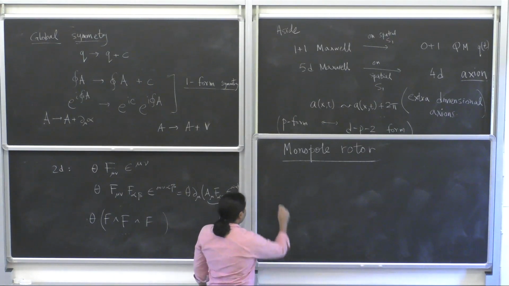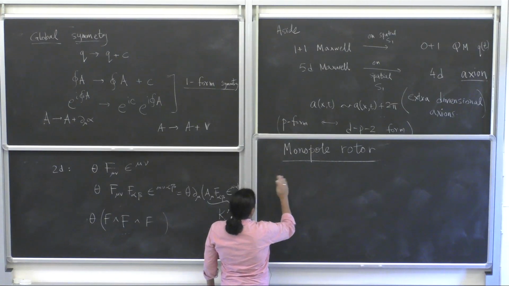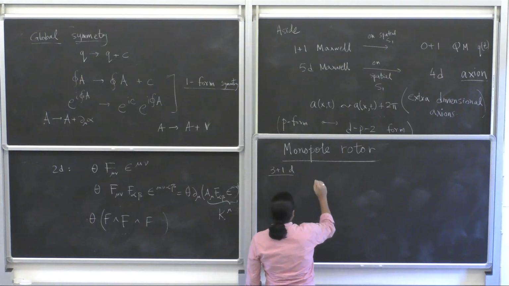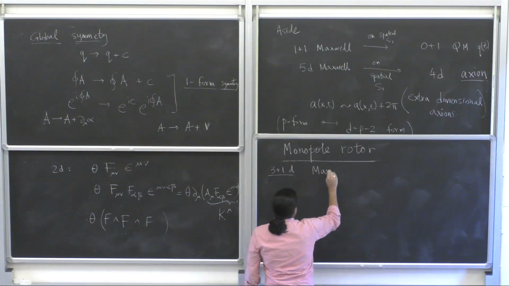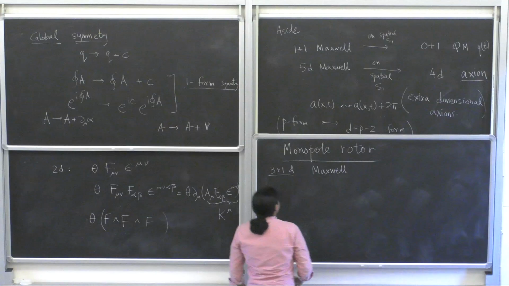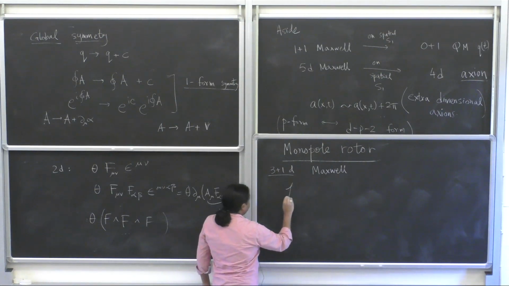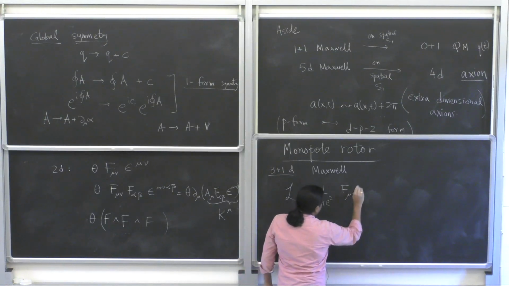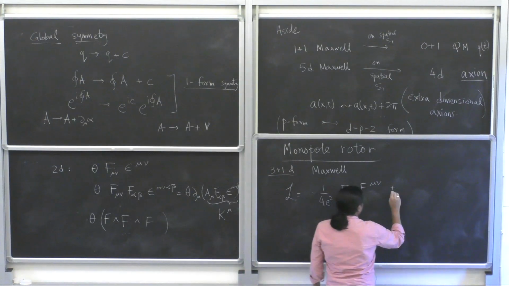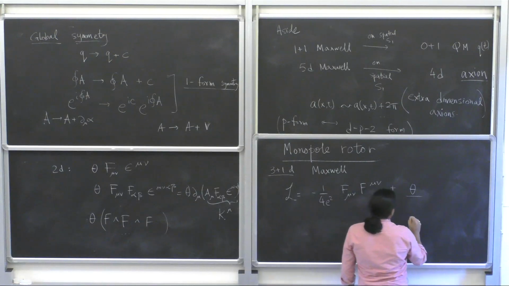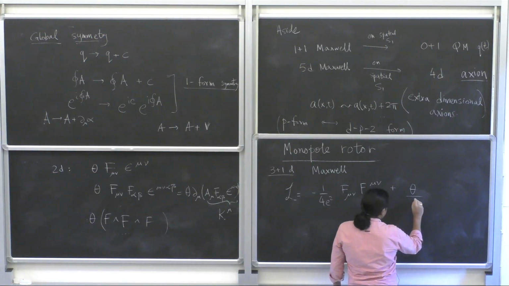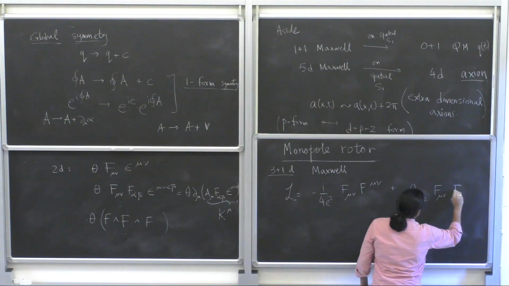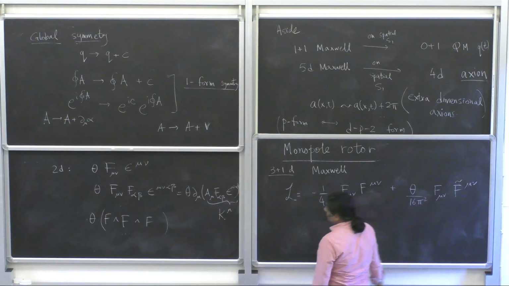So now we're going to actually study a 3+1 dimensional theory, getting even closer to the theories we care about in the standard model. We have a 3+1 dimensional Maxwell theory where our Lagrangian looks like this term that I just wrote down.